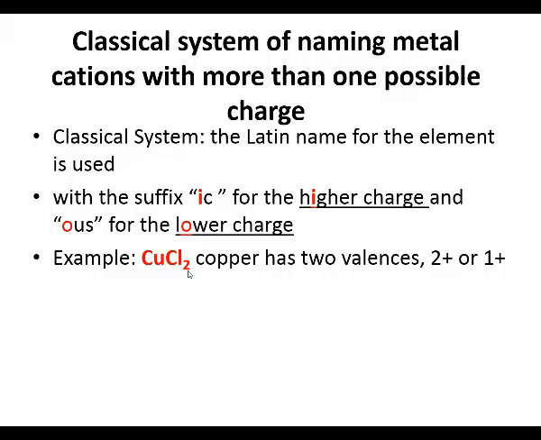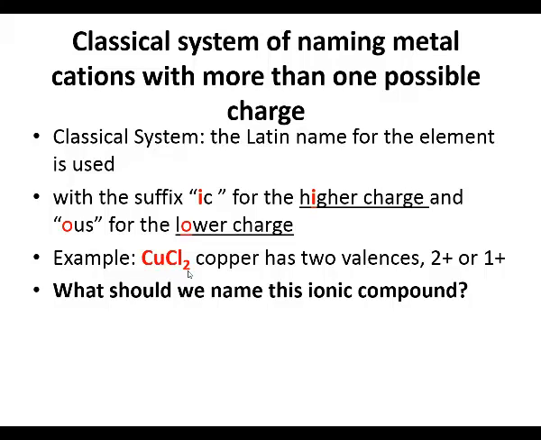So there's 2 ways I can name this ionic compound. I can use a Roman numeral with the modern system and call it copper, and in brackets a Roman numeral 2, followed by the name chloride, so copper(II) chloride. That's correct, but you may also read the name written with respect to the charge states.